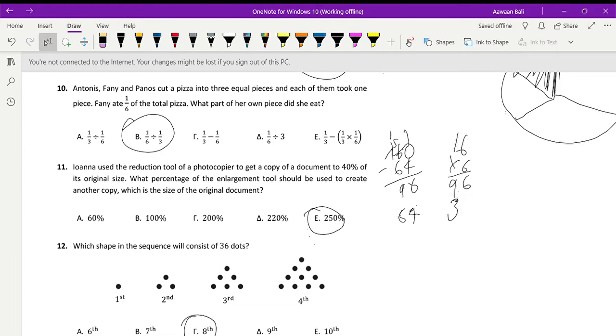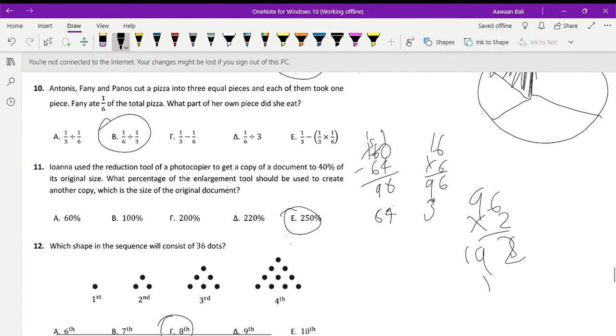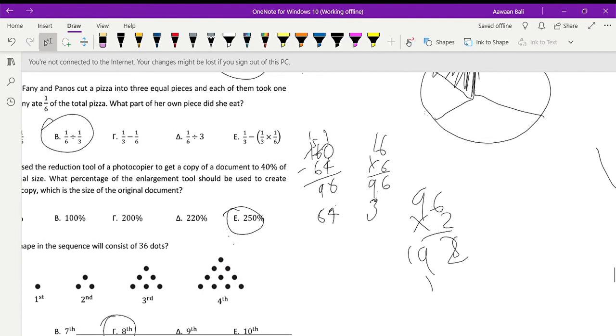Now, when we look at 96, what can we do? We can't do 96 times something is equal to 160, so that means that it's not a whole number. However, if you do 96 times 2, that's 192, but that's already too big.